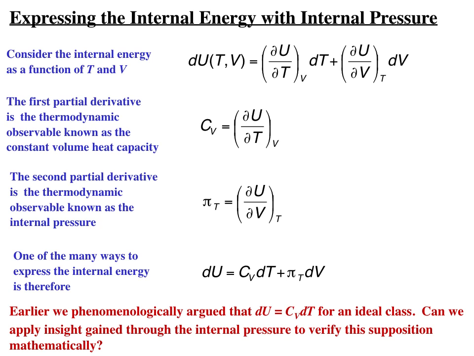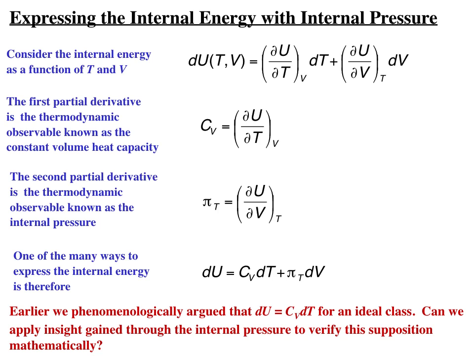That's because there's no change in internal energy as you move the volumes closer together or further apart, as long as the temperature is being held fixed. The only way you can change the internal energy is to change the temperature. So π_T is 0 ideally.